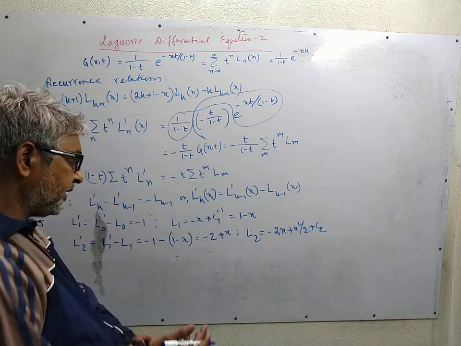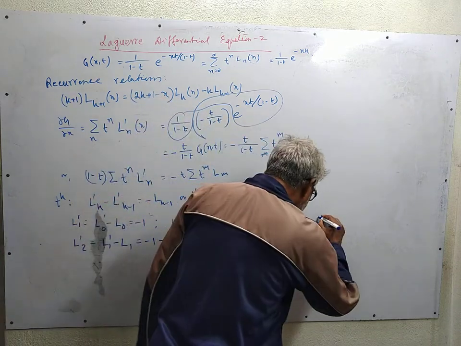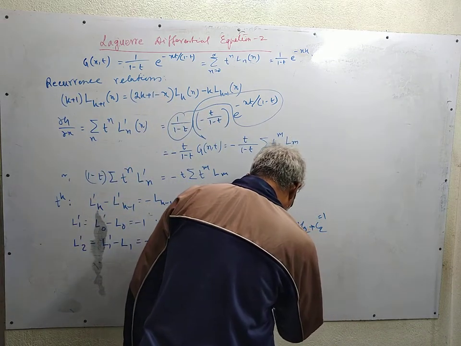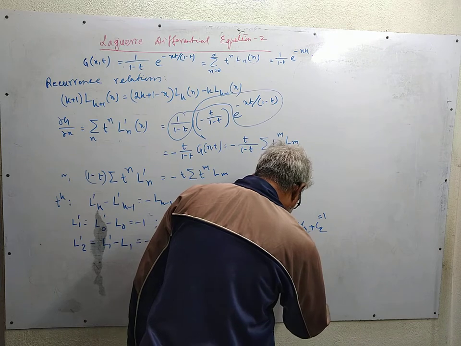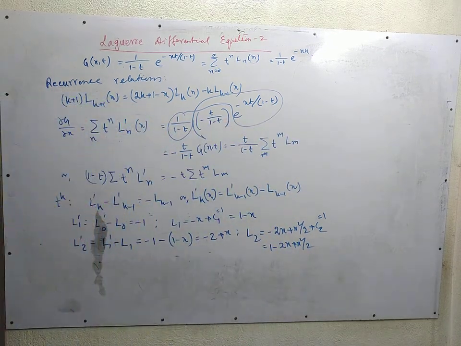Again, if we set that L2 at 0 is 1, this gives c2 is equal to 1, and this becomes 1 minus 2x plus x square by 2. So we can get the Laguerre polynomial of higher order as well as the polynomial itself.